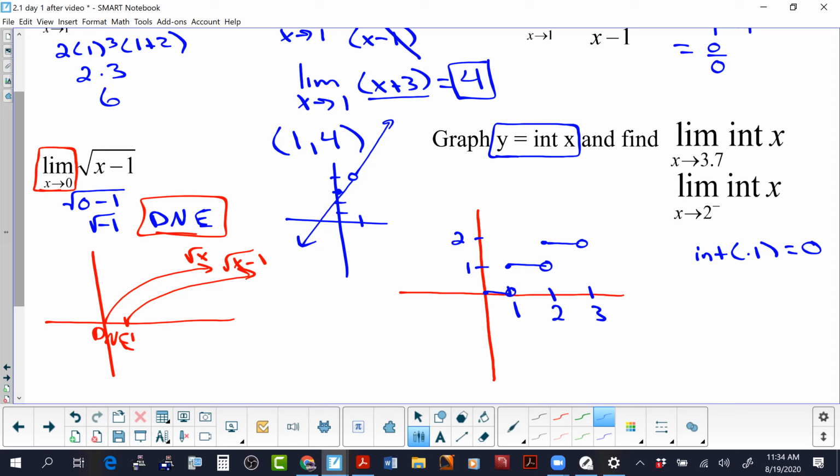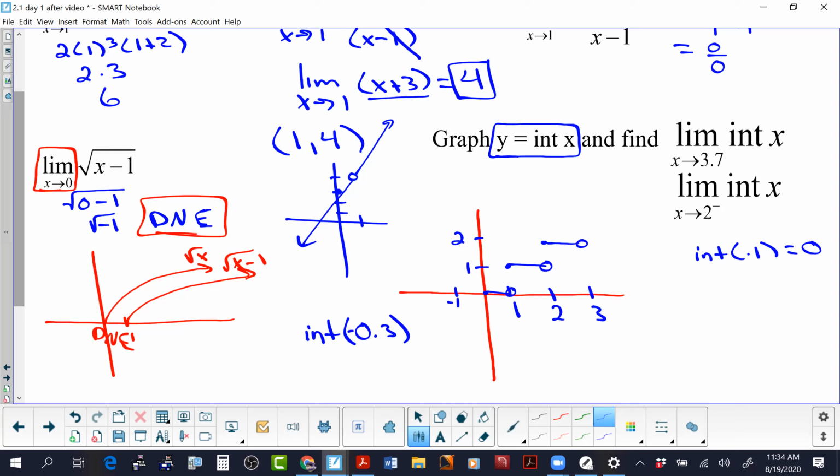But what about negatives? What's the greatest integer of negative 0.3? What's the biggest integer not bigger? Negative 1, isn't it? Is 0 bigger than negative 0.3?